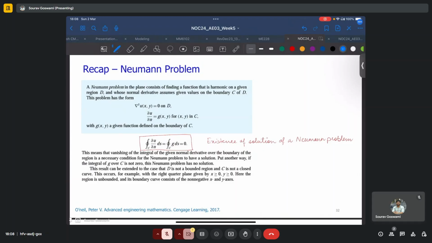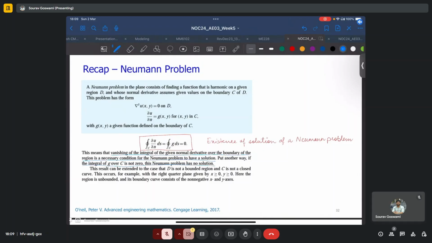This means that vanishing of the integral of the given normal derivative over the boundary of the region is a necessary condition for the Neumann problem to have a solution. If the integral of g over C is not 0, then the given Neumann problem has no solution.